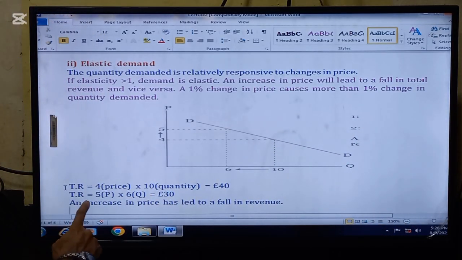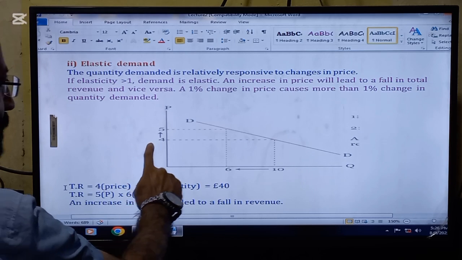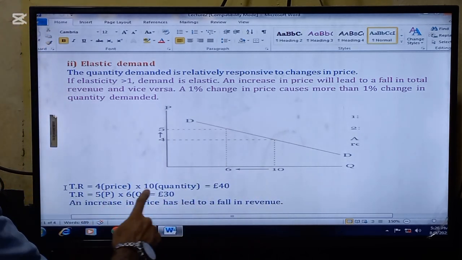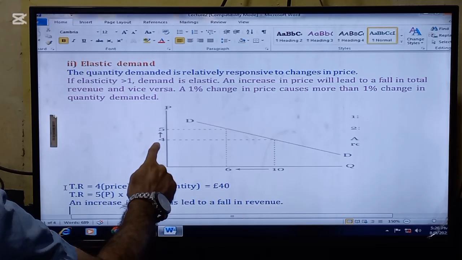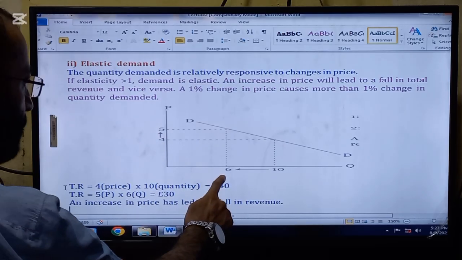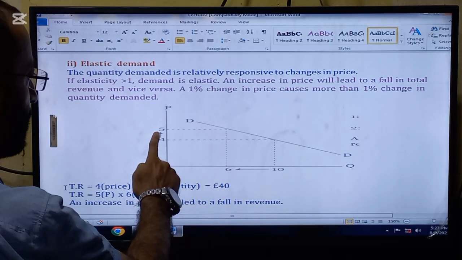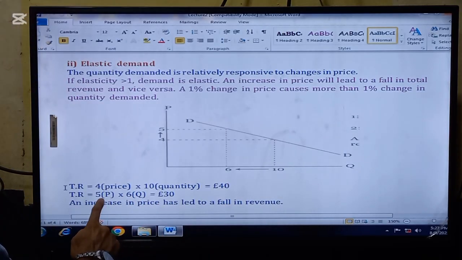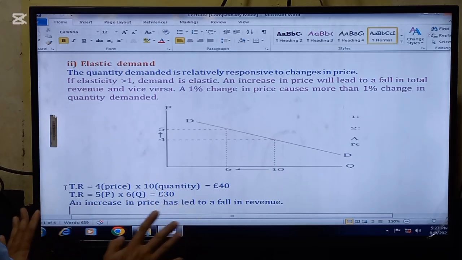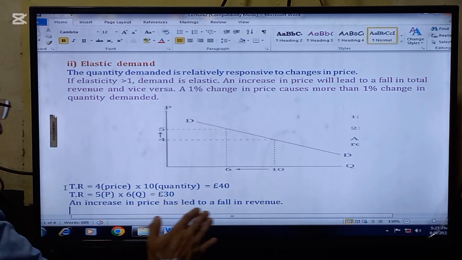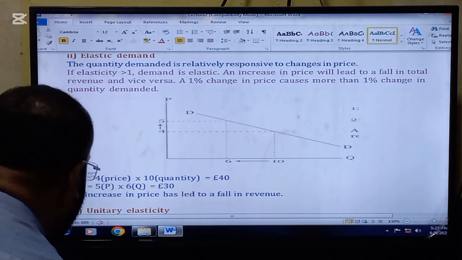Total revenue at 4 will be 4 into 10, so that is 40 pound. But when the price is increased from 4 to 5, quantity demanded will be 6, so the total revenue is 5 into 6, which is 30. You can see when the price is increased, revenue is decreased. An increase in price has led to a fall in revenue.